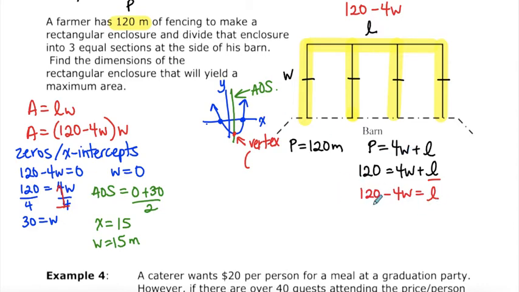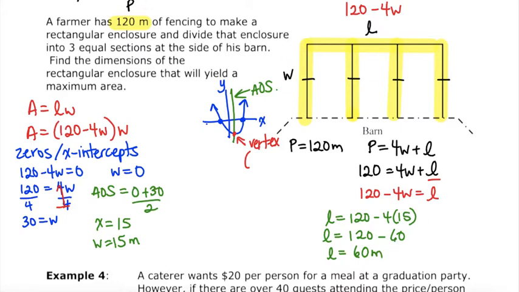So I'm going to take my 120 minus 4W, and now, instead of W, I'm going to substitute 15 in its place. So length is equal to 120 minus 4 times 15. 4 times 15 is 60, and 120 take away 60 is 60 meters.